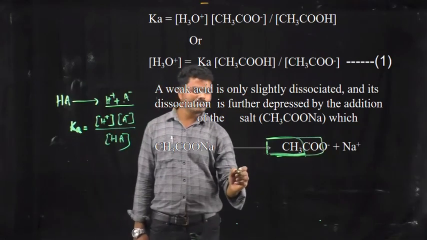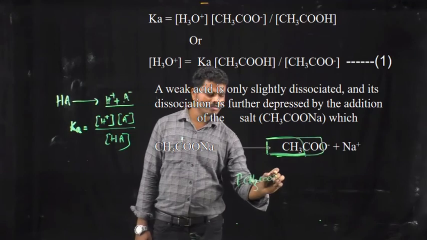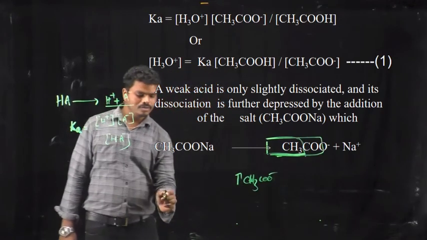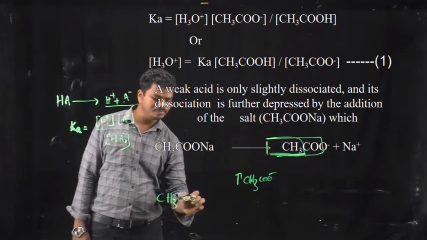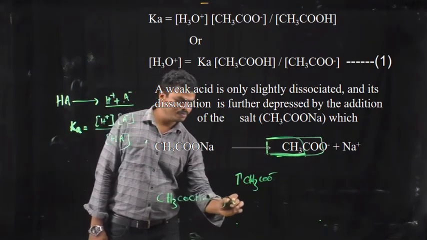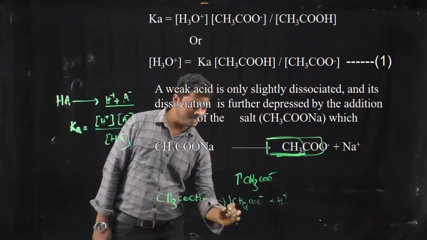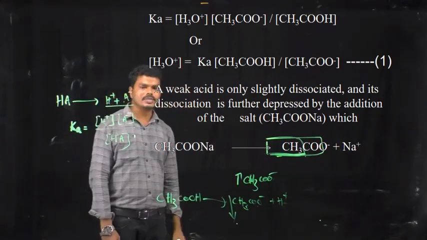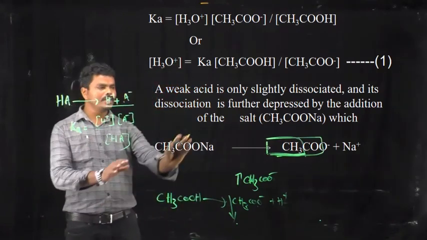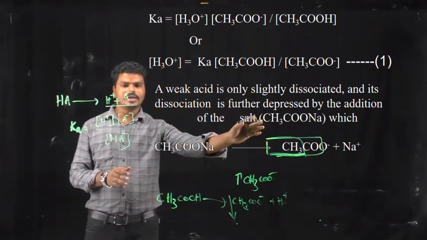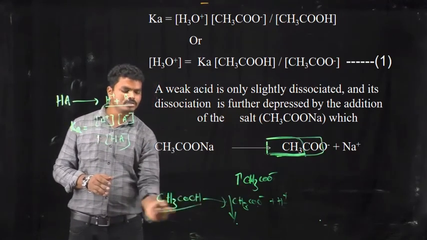Due to the presence of a high concentration of acetate ion, the dissociation of acetic acid into acetate ions is decreased. That means it is not subjected to ionization. Without any addition of sodium acetate, a few acetate ions are produced from acetic acid.